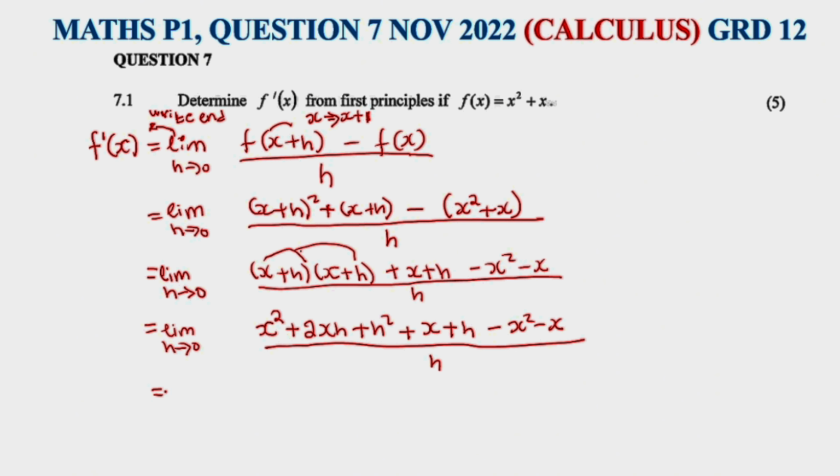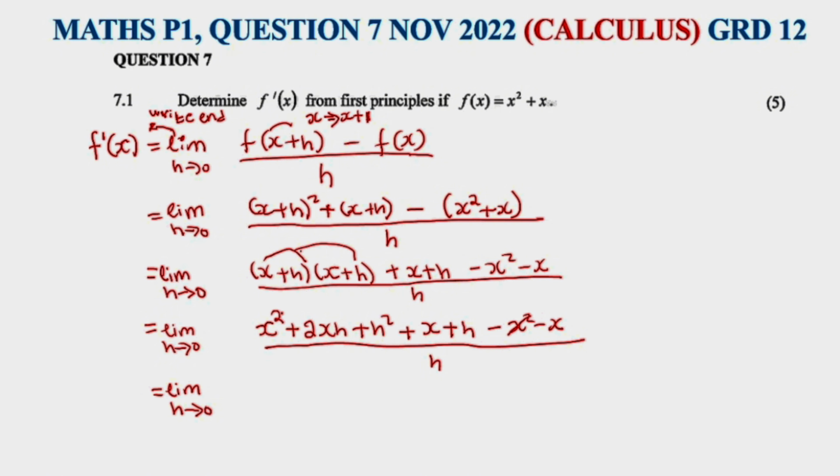Therefore we keep going. We keep writing lim as h approaches 0 until the end, guys. If you leave it out, you are going to lose marks, so please pay careful attention to this.